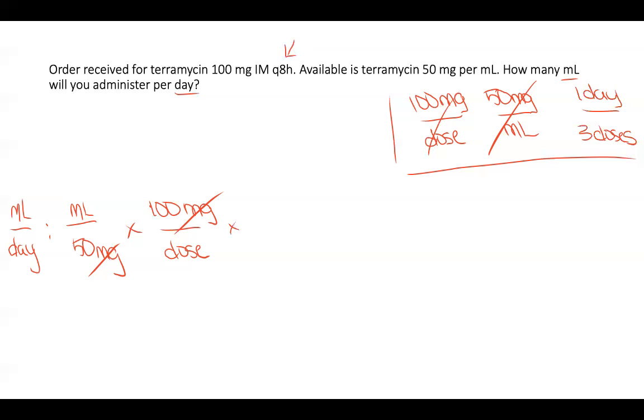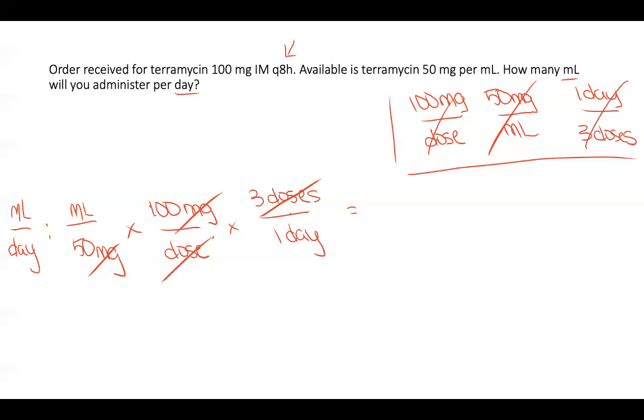Make sure you flip it. Remember, you're trying to cancel dose. So in order to cancel dose, dose needs to be on the top. So I'm going to flip it and write 3 doses over 1 day. Okay. That way I can cancel doses. And now I'm left with milliliters per day, which matches what I'm looking for.